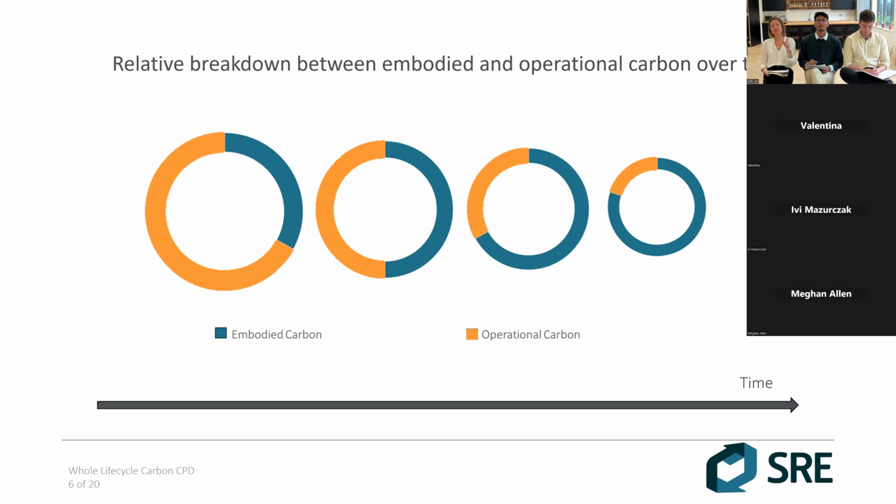However, operational carbon is also going to reduce over time as systems become more efficient, but also as Manas has touched on, the greening of the grid. The second thing you'll see is that the relative weighting between embodied carbon and operational carbon is changing over time. And that again is due to the decarbonisation of the grid.